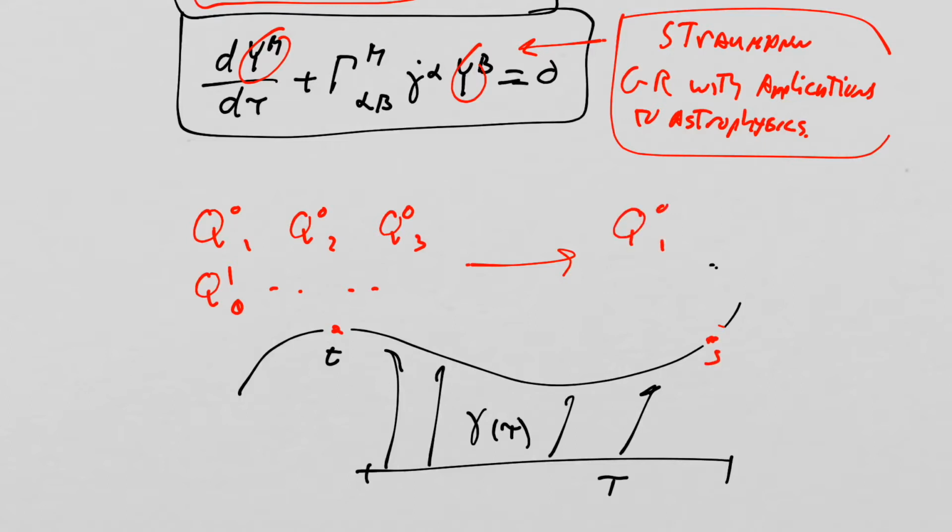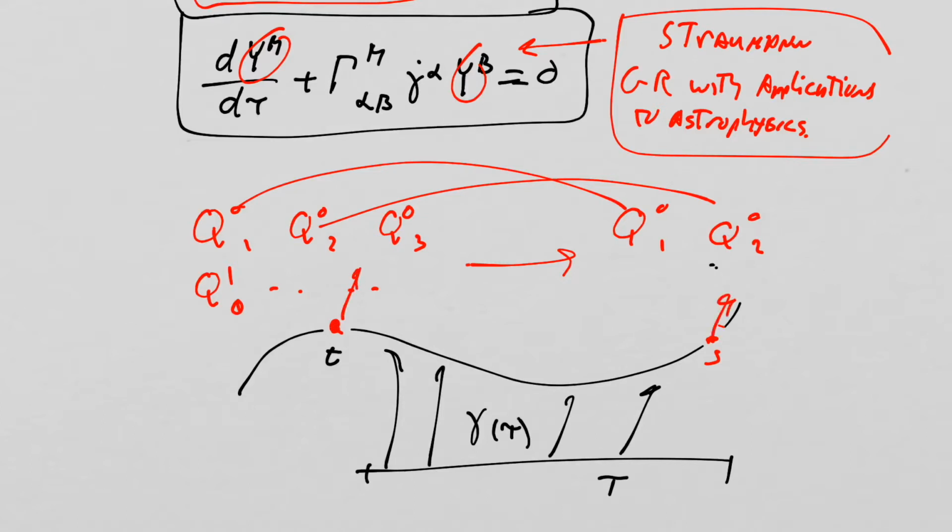Q01 should be the same. Those two should be equal, and Q02, those should be equal. That would be like parallel transporting a vector in flat spacetime. You just keep the components the same. It's another way of saying that the connection Gamma^mu_nu_gamma equals 0 everywhere in the spacetime.